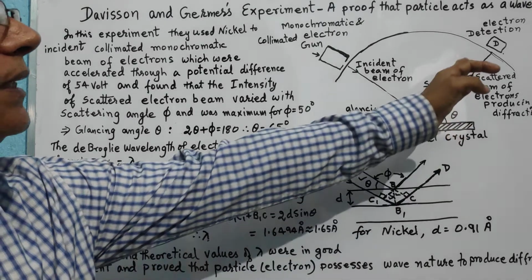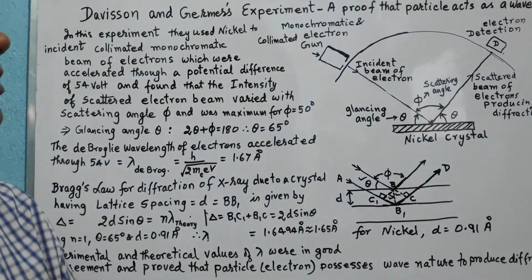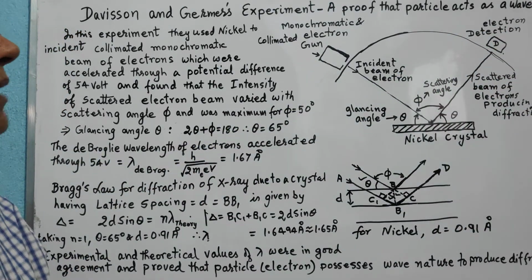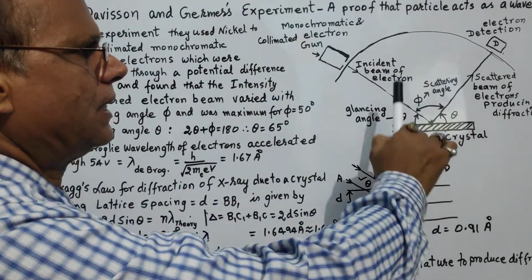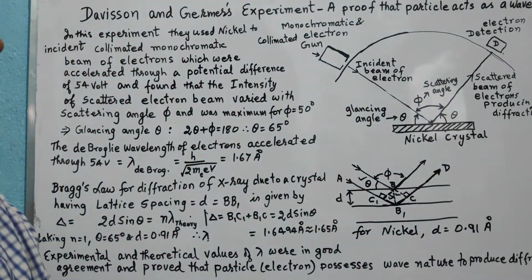The scattered rays were detected by an electron detector which was capable of moving on a circle, keeping the crystal at the center of that circle.